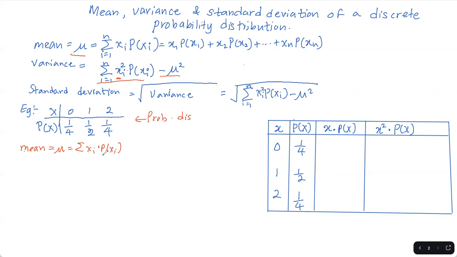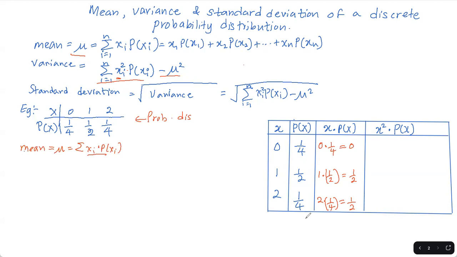As you can see in the mean, we have these terms xi times probability of xi. So I'm going to first calculate those terms. This is 0 times 1 over 4, which is 0. This one is 1 times half, which is half. Here 2 times 1 over 4, which is 1 over 2.